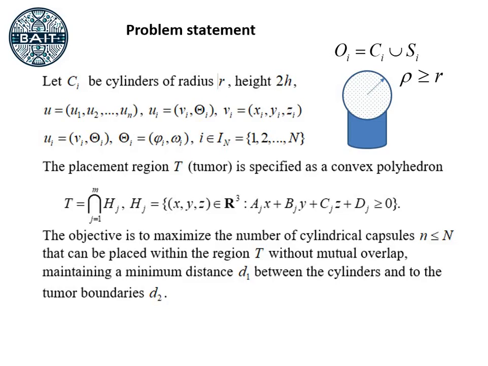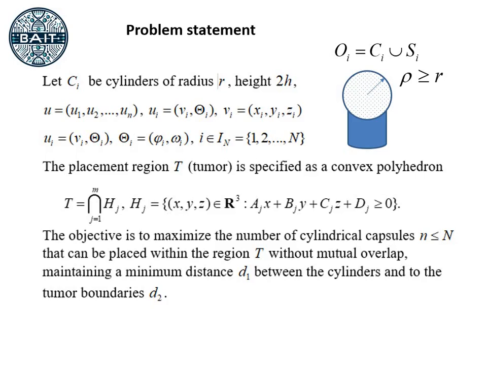Each capsule is represented as a combination of two shapes: a cylinder, which defines the physical structure and placement within the target area, and a sphere attached to one end of the cylinder, centered at its circular base. This sphere represents the radiation influence zone. The position and orientation of each capsule are defined by spatial coordinates and direction angles.